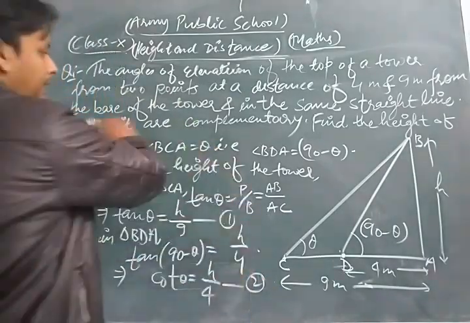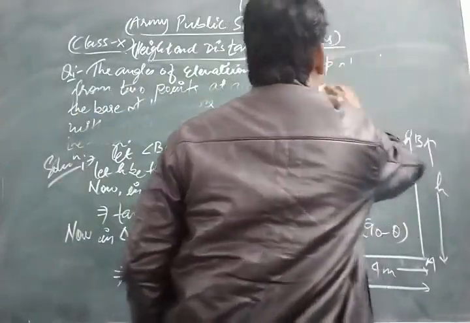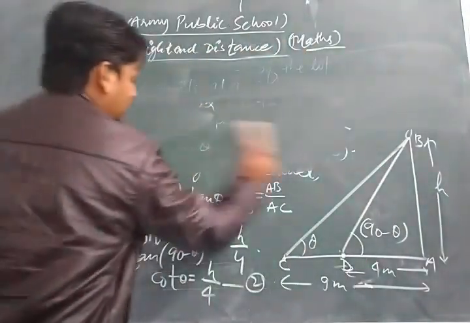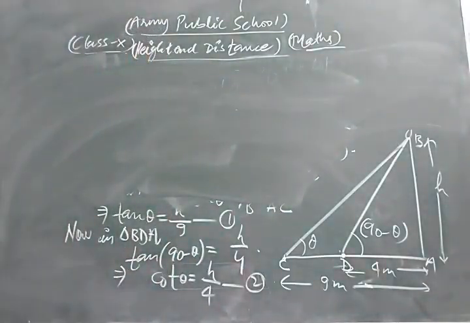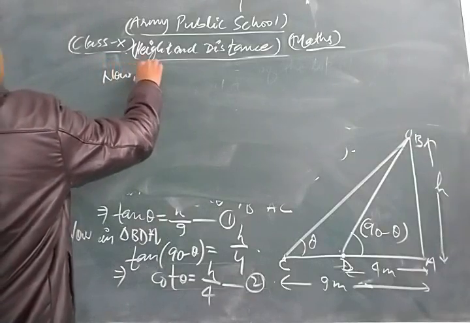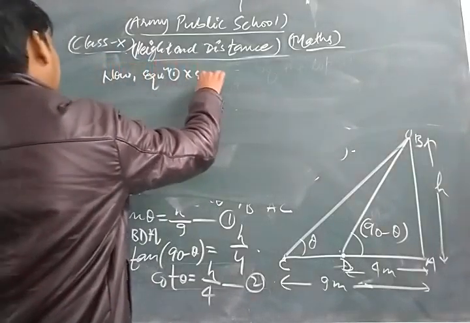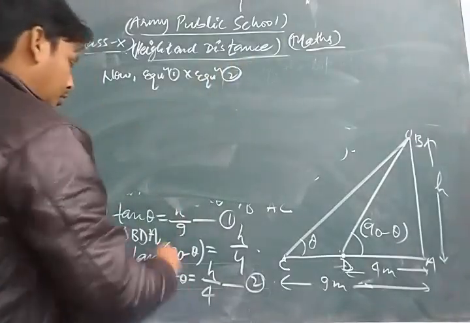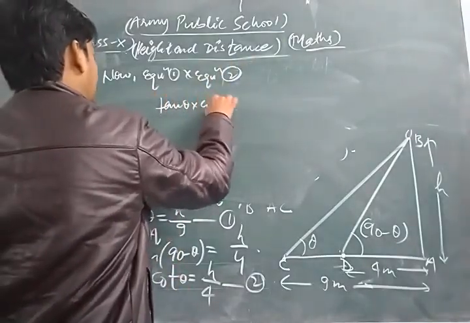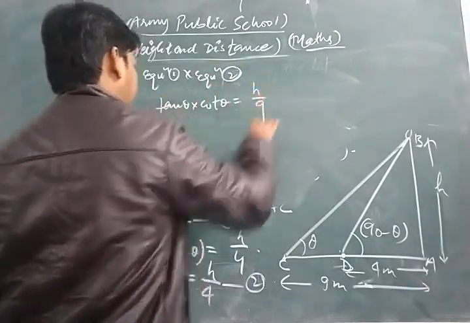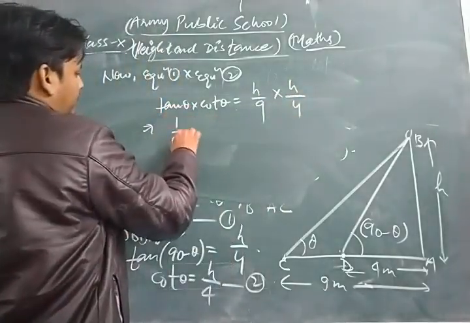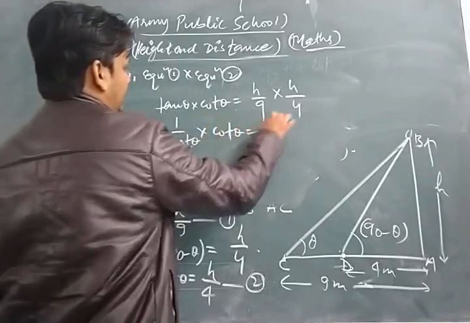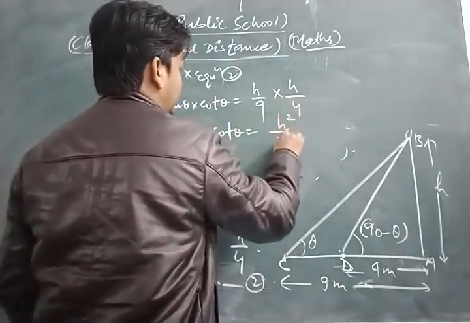Now we multiply equation 1 and 2. Equation 1 multiplied by equation 2, so we get tan theta into cot theta is equal to H upon 9 into H upon 4, and tan theta is 1 upon cot theta. 1 upon 9 fours are 36, so this is H square upon 36.